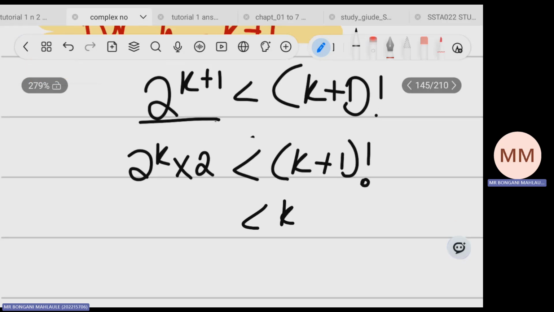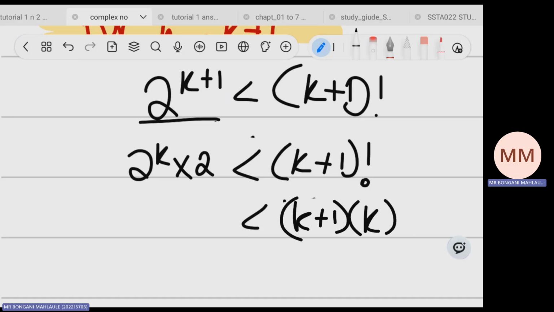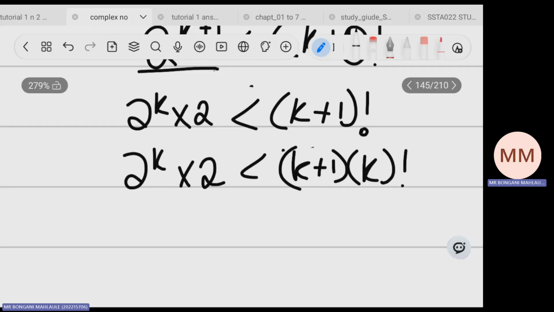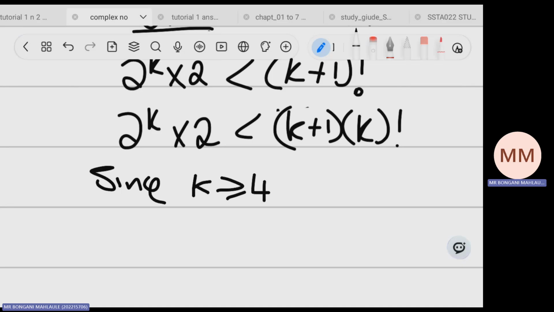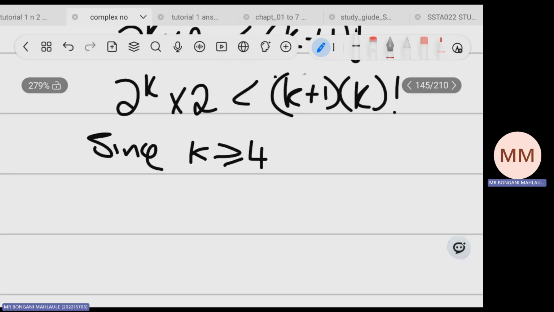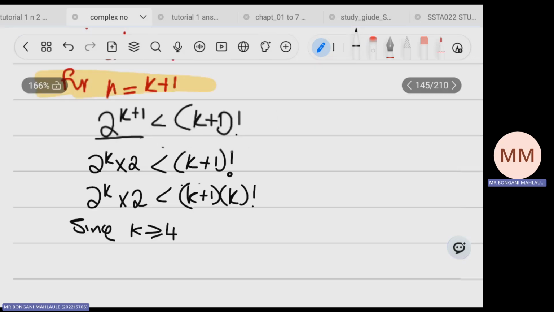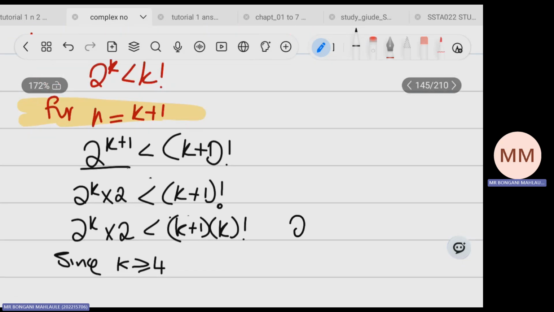And we know that this can be written as (k+1) times k factorial. Then since k is greater or equal to 4, it will be true. Remember, let's take the assumption step. From the assumption step, we are having this.